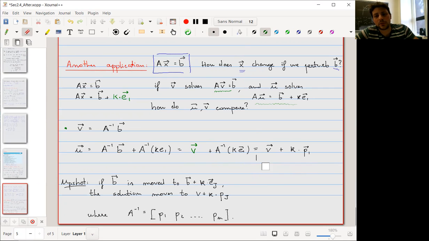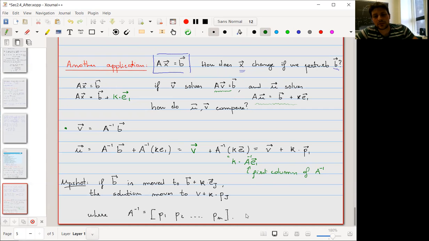What this little piece is, is the following. This is K times A inverse E1, which I will call P1. This A inverse times E1 is the first column of A inverse.